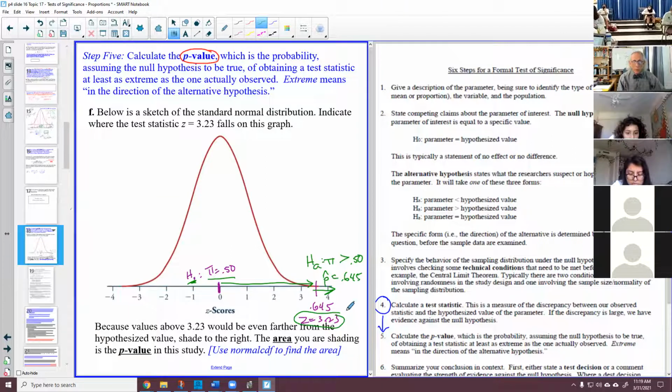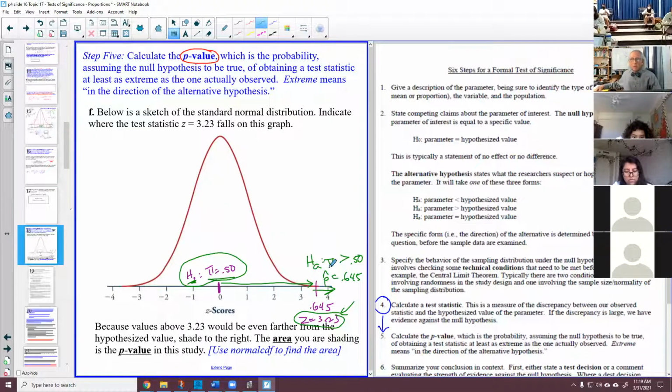And that has a z-score of 3.23. I want to know, given this diagram, with the center being my null hypothesis of 0.50, what's the probability that I would have gotten 0.645 from my sample? That's a lot of words there, Crystal. Can you follow me? Can you answer it? Or was that actually, I couldn't see your screen. You can't see my screen? Yeah. Oh, well, then that would make it difficult. So hang on and listen, and we'll see how it goes.